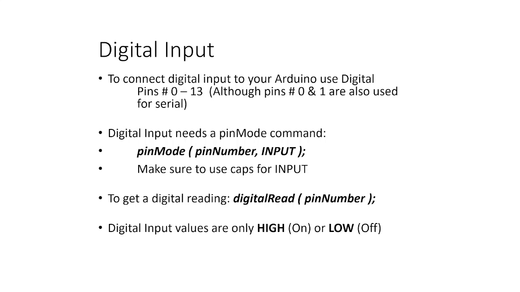Digital input values are only HIGH or LOW, whereby high is on and low is off. If you supply 5 volts to the digital input pin, that will amount to high. If you don't supply anything, that will be low. Also, if you connect that digital pin to ground, that will be low.